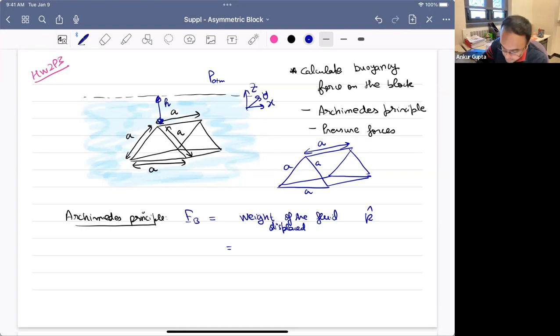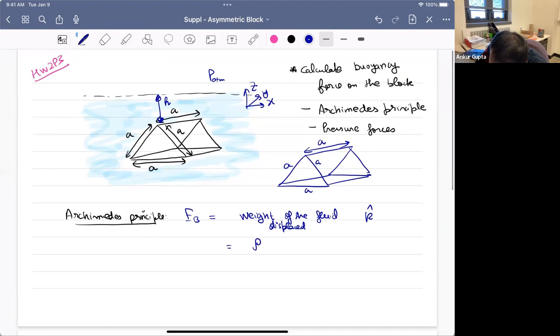We know the density is, let's say, rho, and then rho times volume. So what is the volume of something like this? We have to take the volume of this block. First, you can take the area of the triangle times A times g k cap.